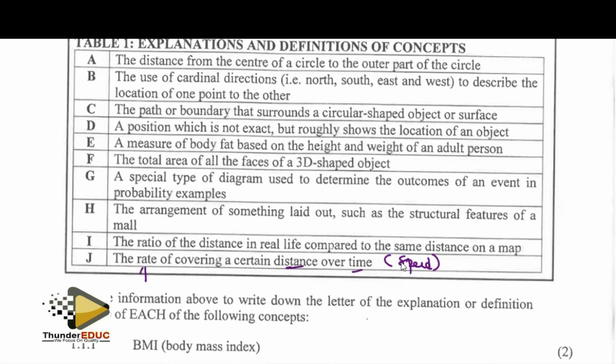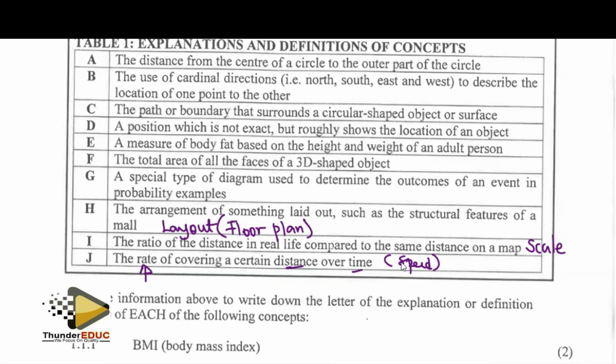And remember, this is a rate. A ratio, this is supposed to be a scale. Arrangement, this is the same as a layout in the form of a floor plan.